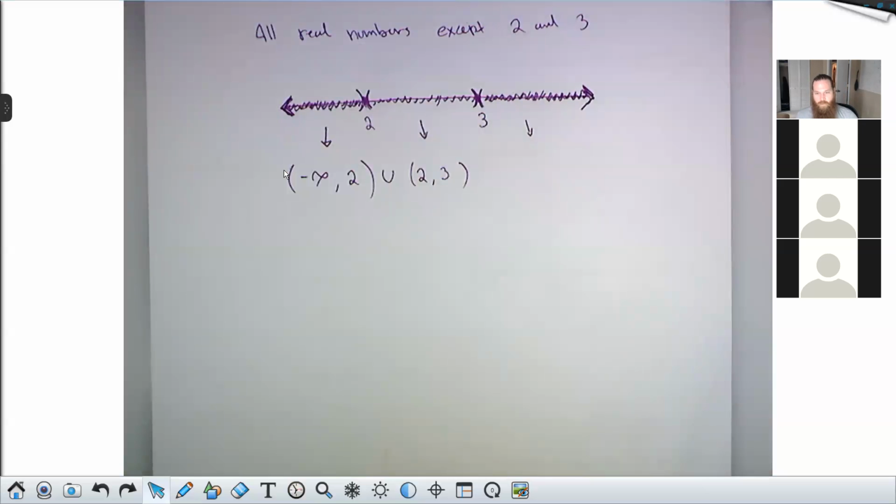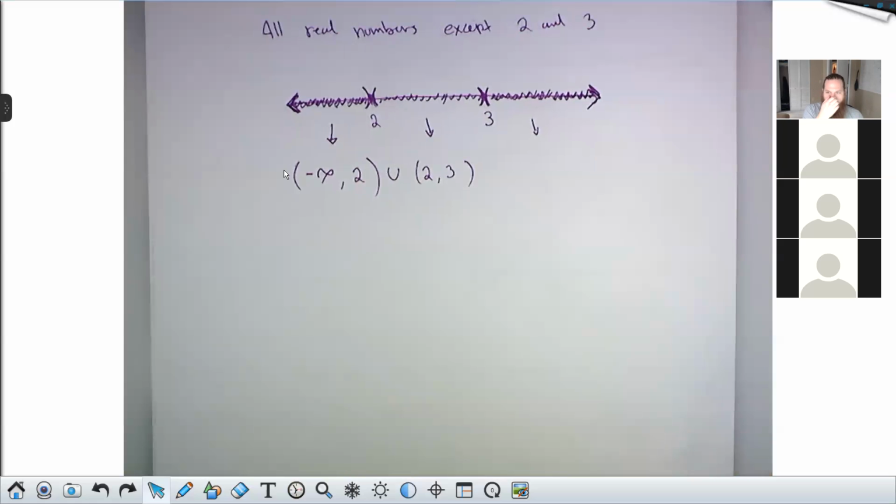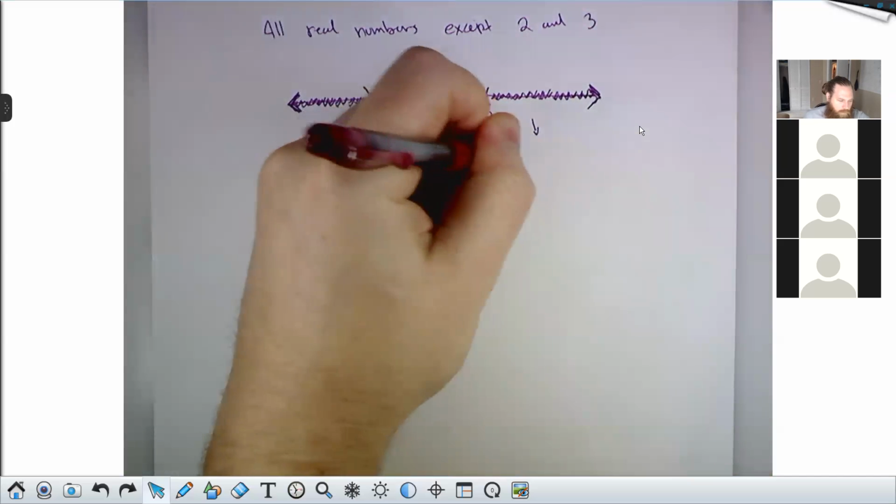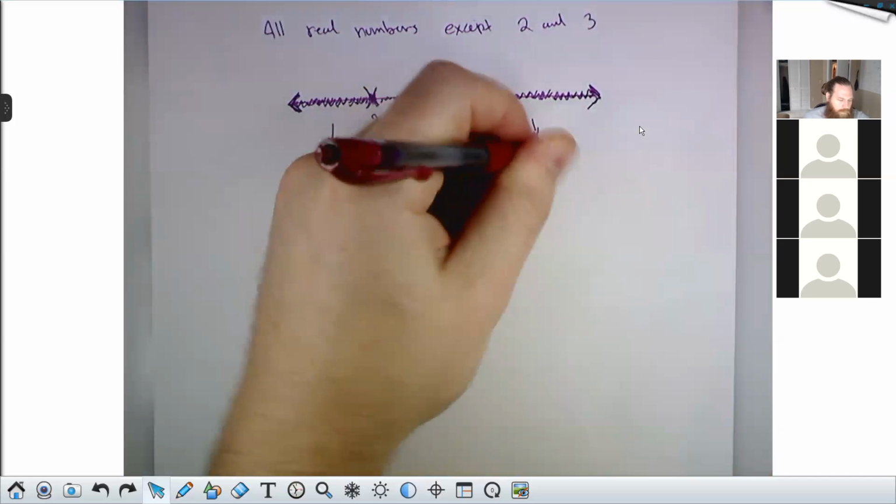Remember, you can hold the space bar to talk. Okay, it seems like maybe we lost William. Was he here earlier, guys? Well, Mark or Sophia, could either of you help me with this far right set here? What is that? 3 infinity. Beautiful. Yeah, we would union this with the interval 3 to infinity.